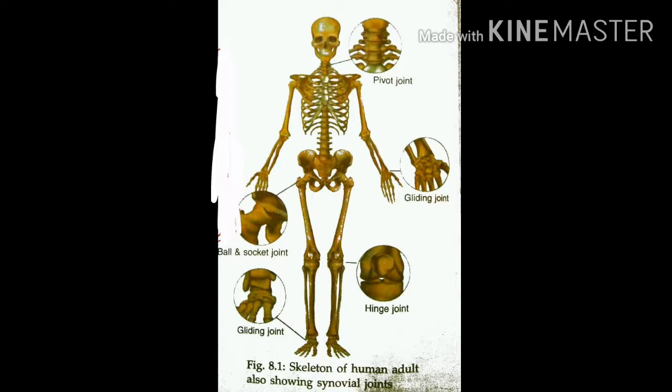The joints in the human body are broadly classified on the basis of their movements: immovable joints, slightly movable joints and freely movable joints. First we are going to see immovable joints. Such joints do not allow movement.